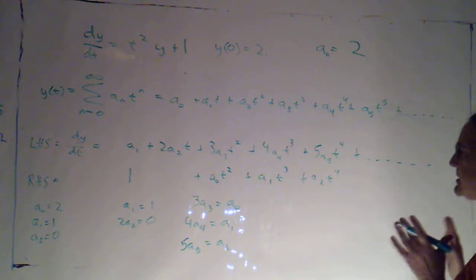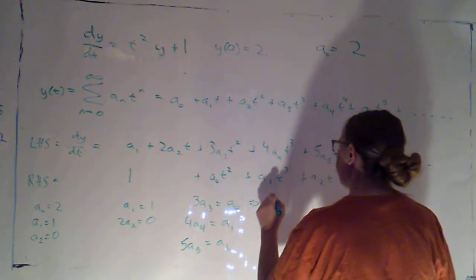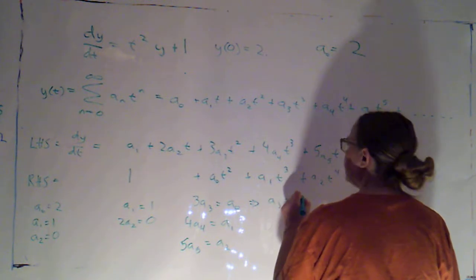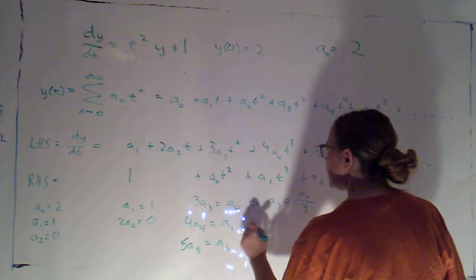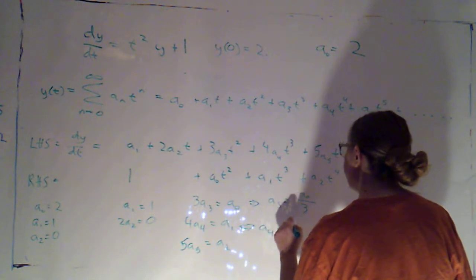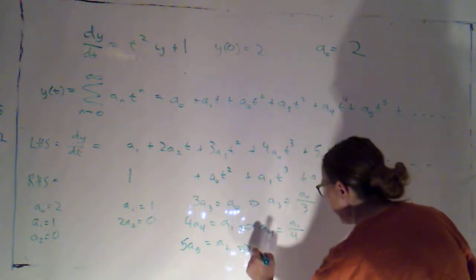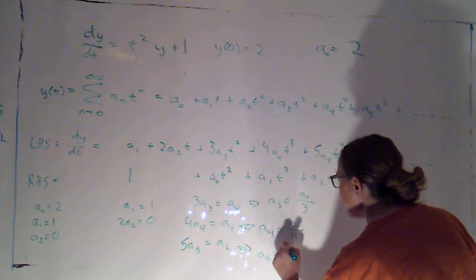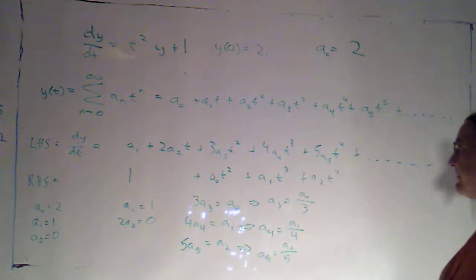Okay. I am definitely noticing a pattern here. I could solve for a3 and say a3 is a naught divided by 3. I could solve for a4 and say a4 is a1 divided by 4. I could solve for a5 and say a5 is a2 divided by 5.